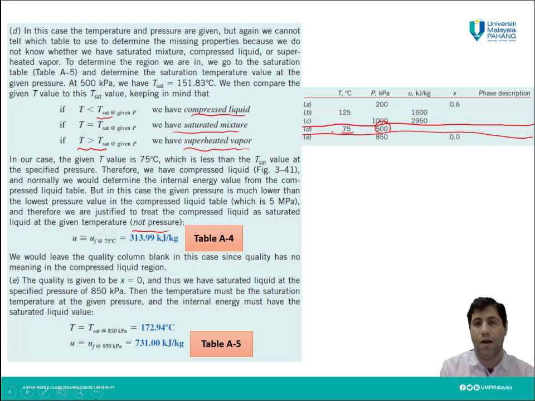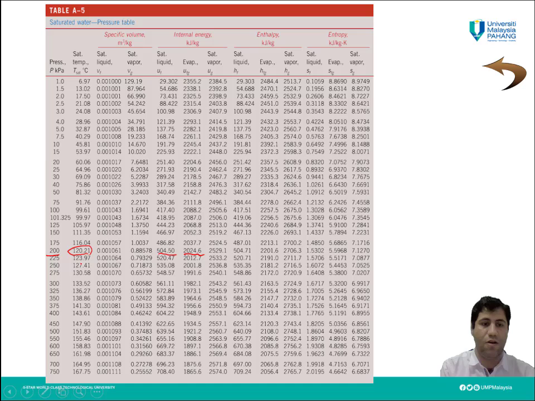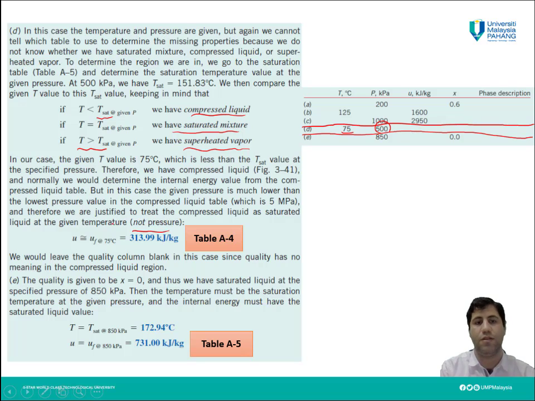Okay, here pressure is 500 and temperature is 75 degrees Celsius. Let's go to table A5. Okay, 500 kilopascal we have here. Saturation temperature is 151.83, which is obviously higher than the given T value of 75 degrees Celsius.